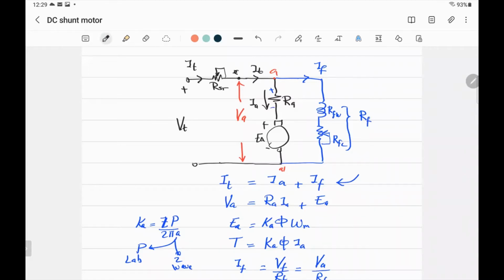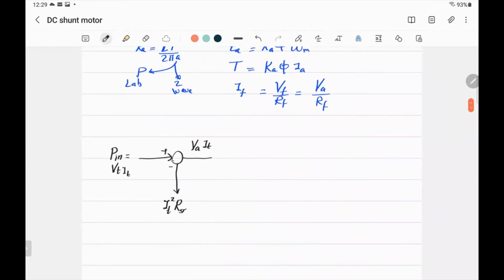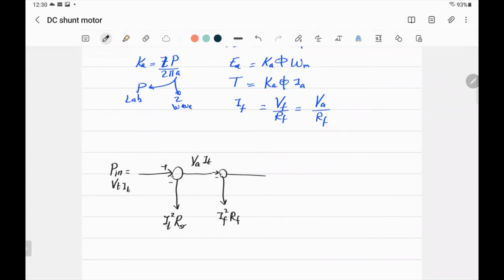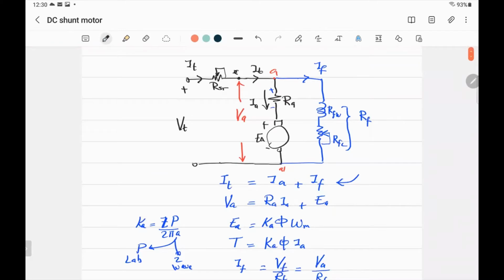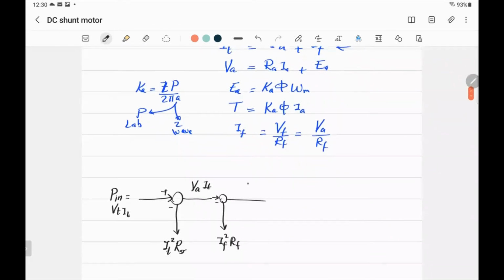The armature power, right? What's the armature power? It's only on the branch AA dash, which is VA times IA, because the voltage across A dash is VA and the current is IA. So what's left is VA IA.